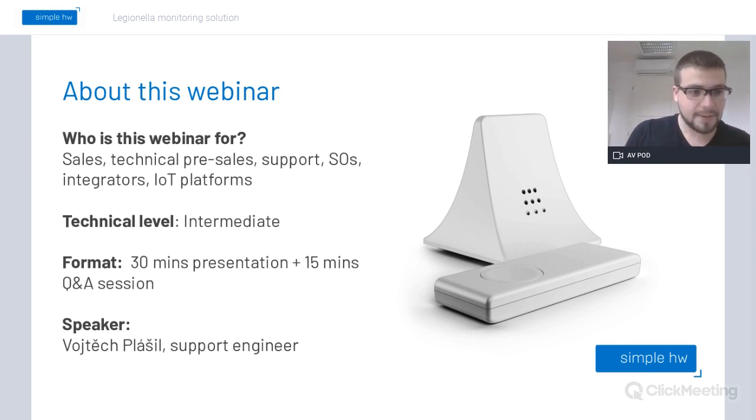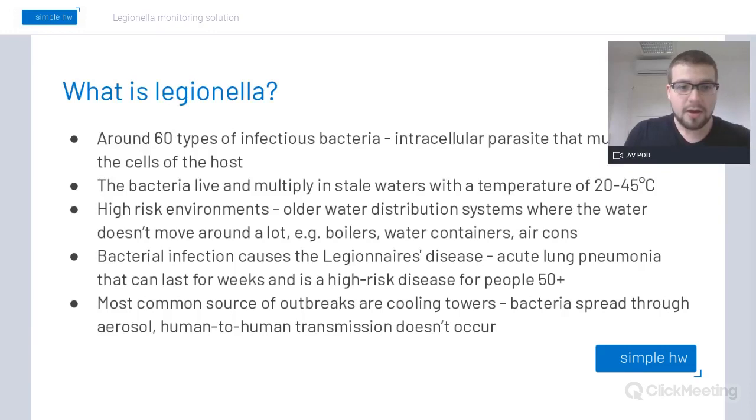Let me just go through what Legionella is. Legionella is a group of infectious bacteria. There are around 60 types of the bacteria in there, and it is a parasitic bacteria that can attack humans.